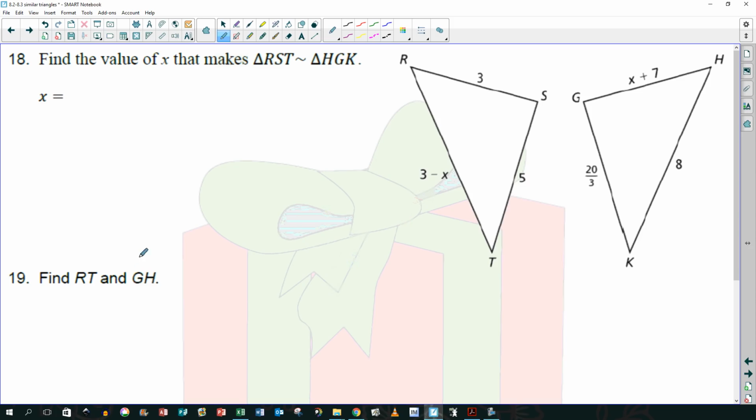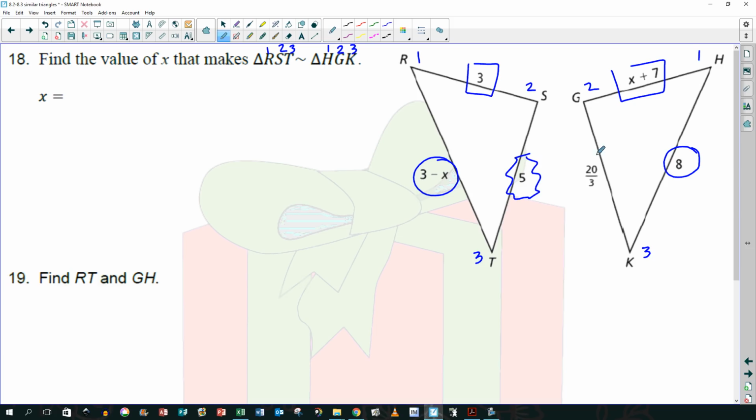All right, find the value. All right, so 1, 2, 3, 1, 2, 3. So R, S, T, H, G, K. So 1, 2 goes with 1, 2. 1, 3 goes with 1, 3.